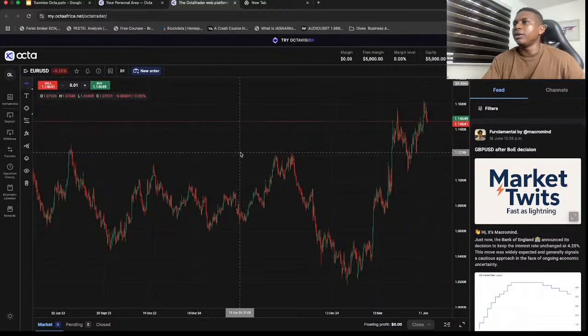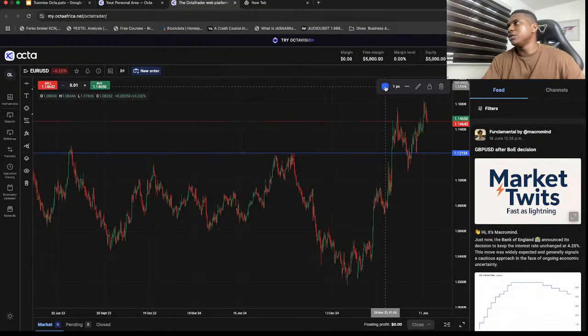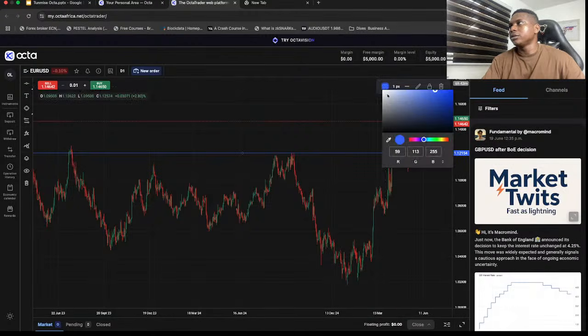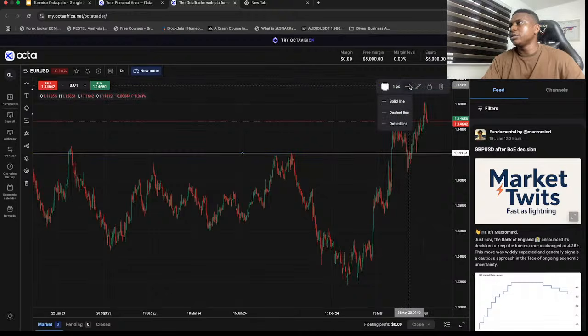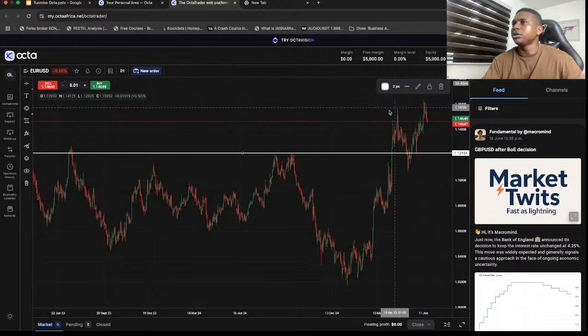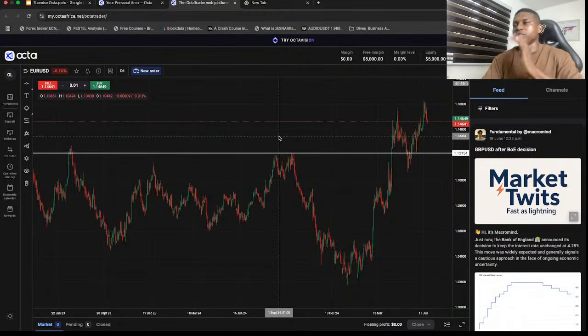So let's map our levels of support. As you can see here, let me change this to a white line. Let me make this thicker so that we can see the screen.